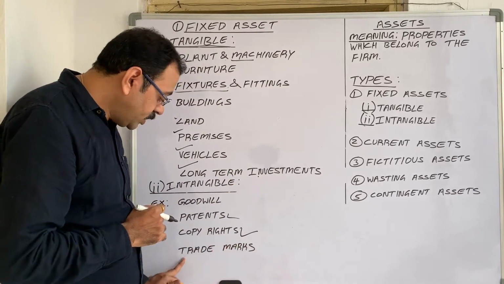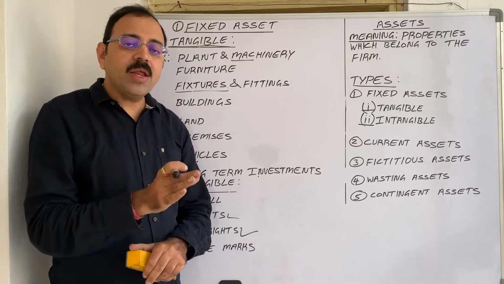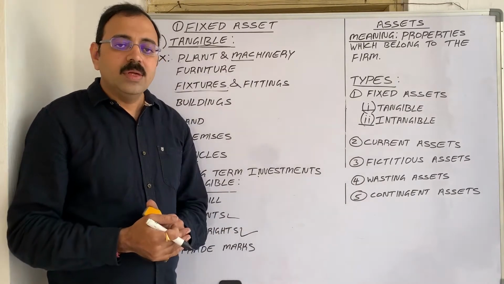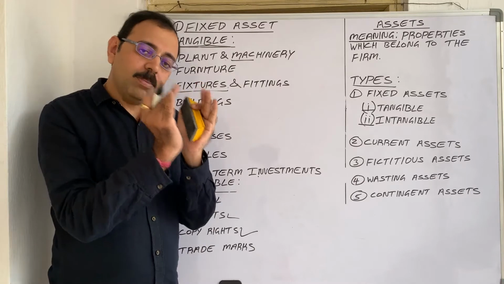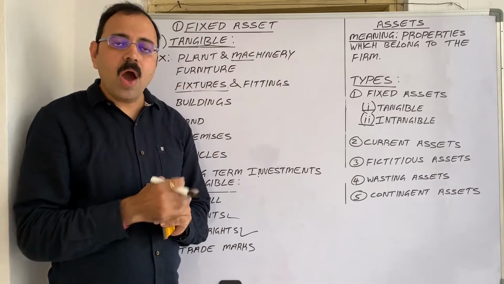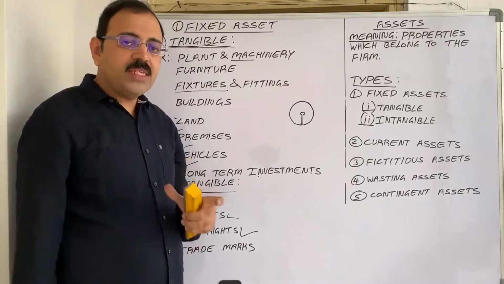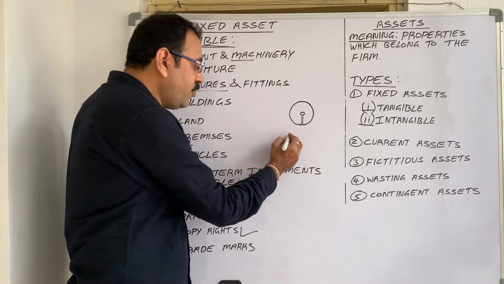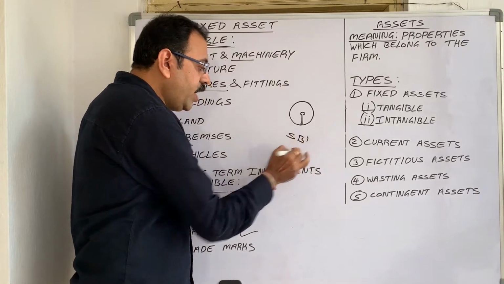The next one is trademark. Trademark is also known as logo or emblem. Trademark contains symbols or company names or brand name or any caption. For example, see this symbol. So this is a trademark of State Bank of India.